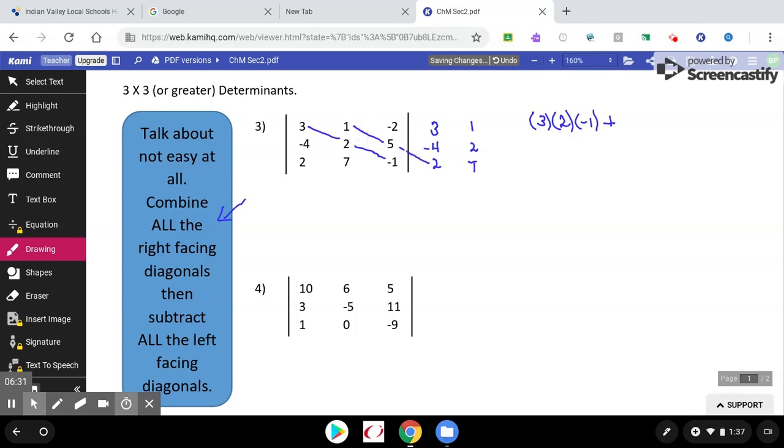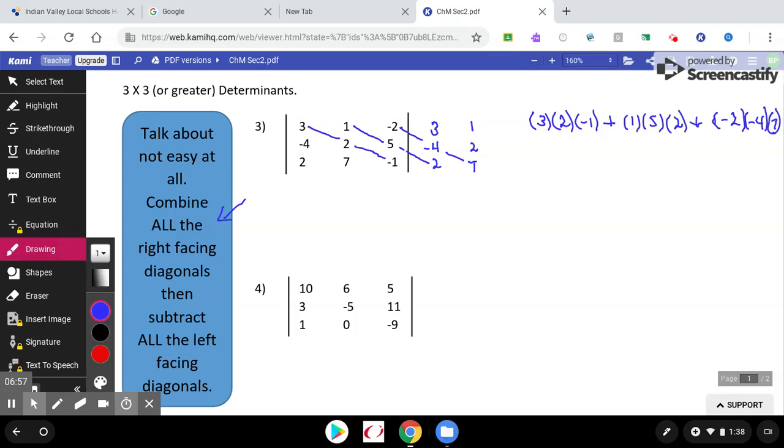So now I get the 1 and the 5. And I don't have to wrap it around. I get that 2 right there. Plus the -2 makes another right diagonal. So -2 times -4 times 7. Okay, that's the right diagonals.